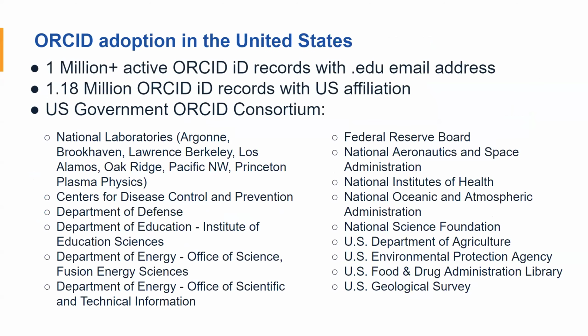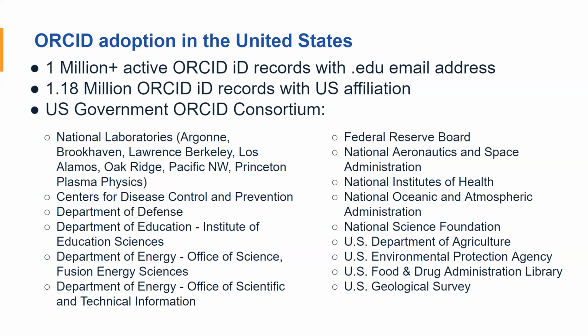On the next slide, we'll look at ORCID adoption across the United States at large, not just within our consortium, but all over the country in general. There are over 1 million active ORCID records that have some sort of US affiliation indicated. And by active ORCID records, these are people who have used their ORCID ID in connection with an ORCID API integration within the last year.